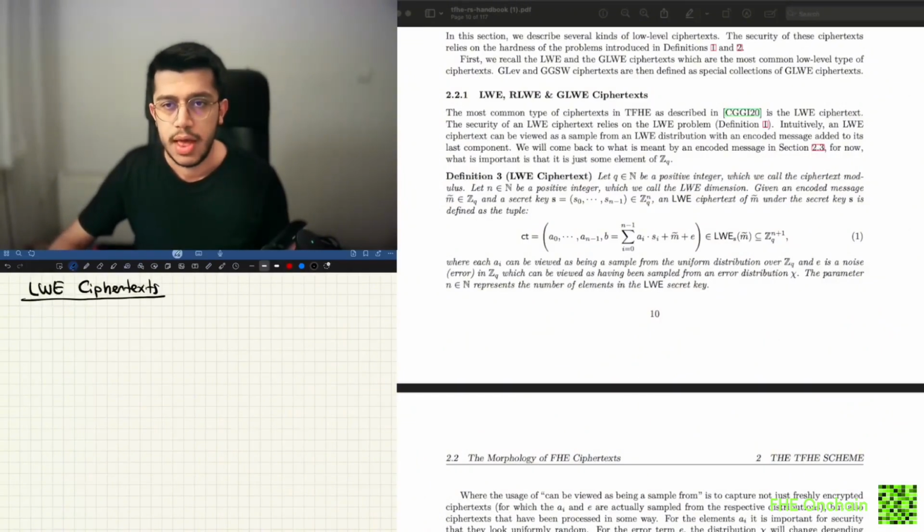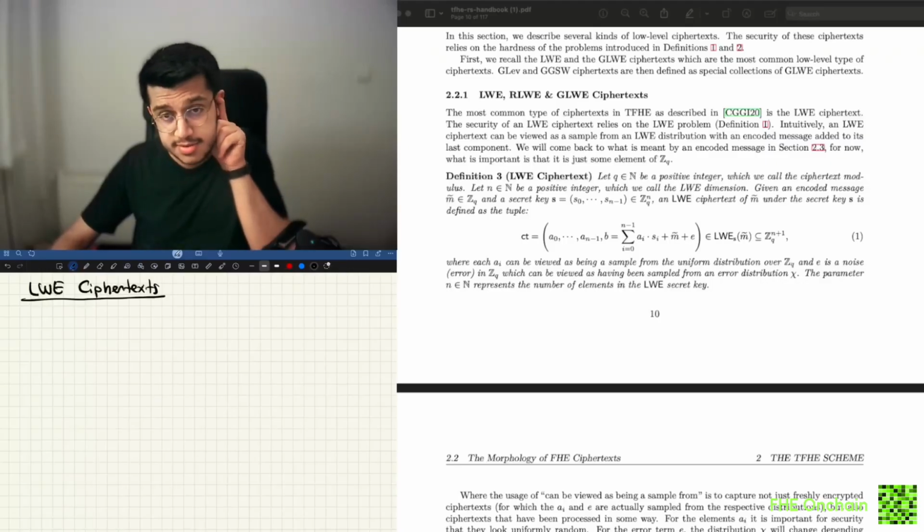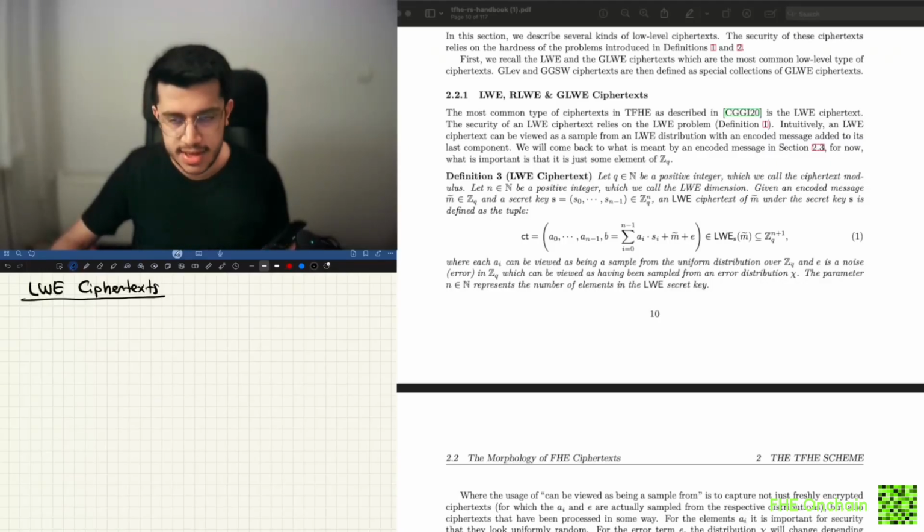Let Q in N be a positive integer, which we call the ciphertext modulus. Let N in N be a positive integer, which we call the LWE dimension. So we already knew this.